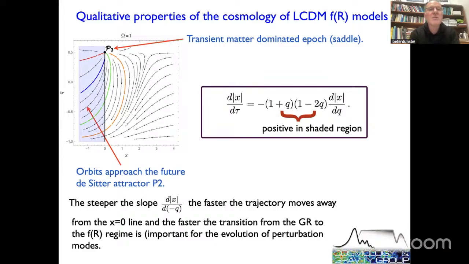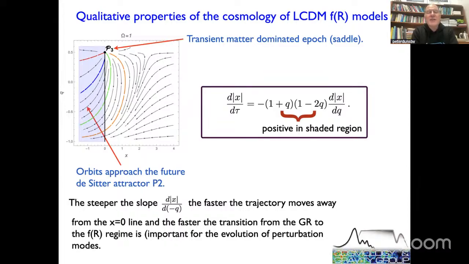So now what you can do is you can start in your matter-dominated epoch at P3 or in the neighborhood of P3, and you can evolve your dynamics forward in time and choose orbits which are physically viable. In other words, those orbits which stay in the purple region, but stay relatively close to the x equal to 0 line. Remember, x equal to 0 corresponds to GR. So you want a model which is not too different from x is 0 for much of its history.